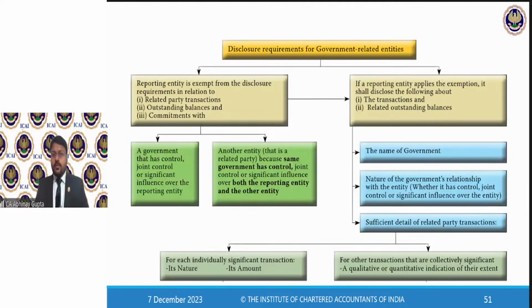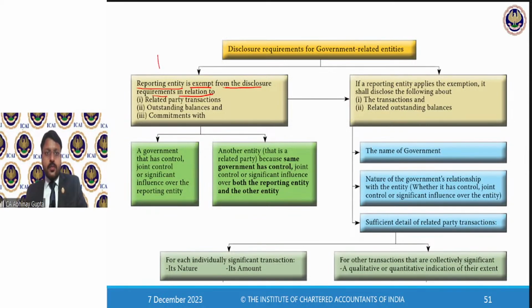Okay. Now we will be talking about certain exemptions given by the standard to the government related entities. Here is the chart to summarize all this discussion. Reporting entity is exempt from the disclosure requirements in relation to.